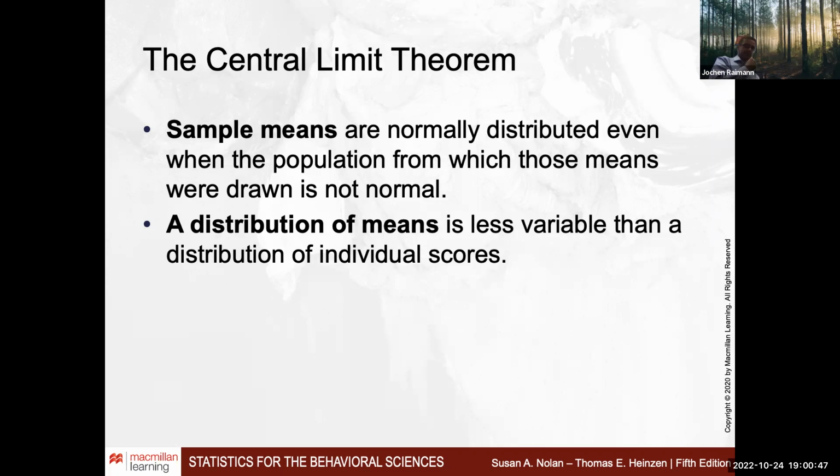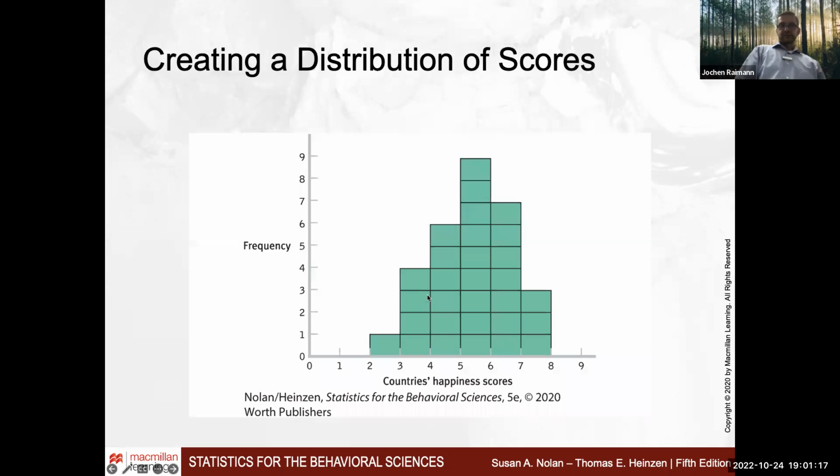This will always have a normal distribution, and would also be less variable than the standard deviation of the population, which is traditionally much larger because you have outliers in your population that you may not have in your sample. So this is reflected in these two statements. It's normally distributed, even if the population is not normally distributed, and it's less variable than a distribution of individual scores. Therefore, Nolan and Heinzen show this graph.